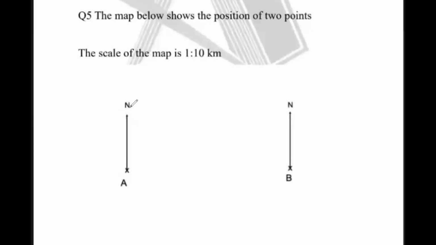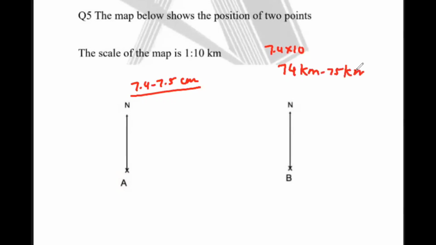Since I'm doing it virtually, it can be between 7.4 to 7.5 centimeters. 10 kilometers is represented by 1 centimeter on paper. That means the actual distance would be multiplied by 10, so it's going to be 74 to 75 kilometers between them.